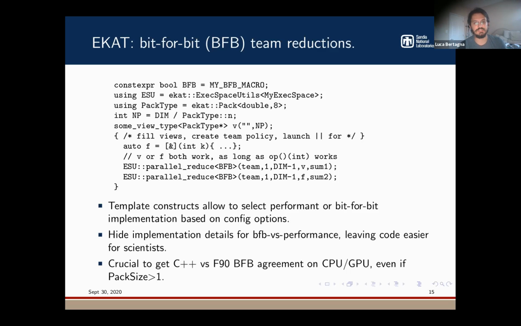But if certain flags are enabled, like my bit-for-bit macro here, it serializes the reduction. So internally it acts like a branch and does two different things, either a serial for or a parallel reduction. But it's much easier from the point of view of the user to write a single instruction in your code that then has different behavior depending on configurations.